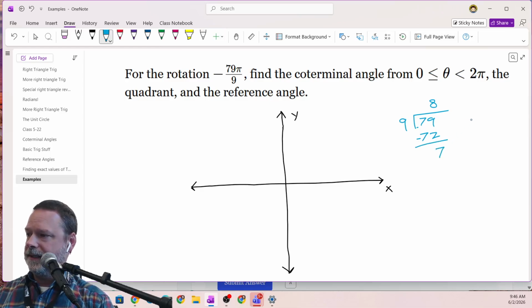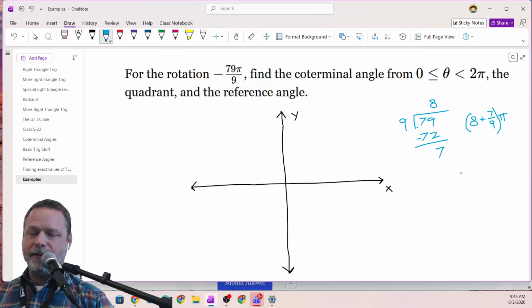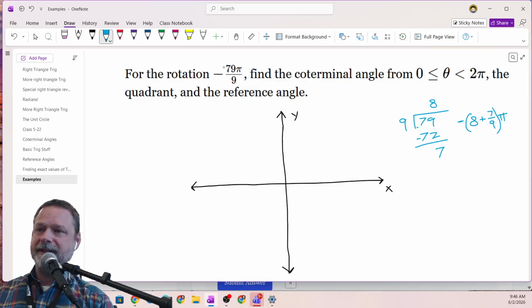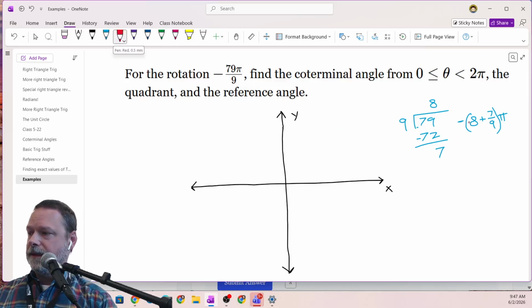So this is really 8 and 7/9 pi, or 7 pi over 9. That 8 pi is 2 pi times 4, and it's negative also, we can't forget. So what we have to remember is that negative 8 pi is the same as 0, because every 2 pi gets you back to the starting point.